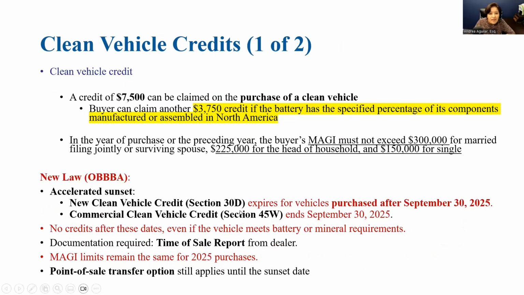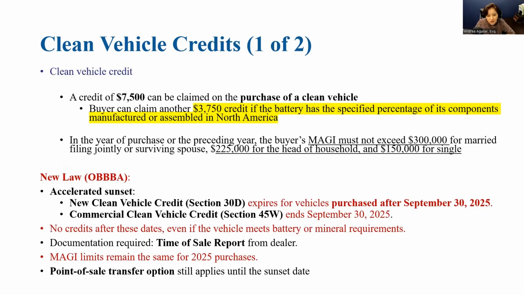Okay. Next, we have the clean vehicle credit. Here, with this credit, you were allowed to get a credit of $7,500 for the purchase of a clean vehicle. And if the buyer had to prove and show that the vehicle had a certain battery with a specified percentage of its components manufactured or assembled in the US, they could also claim an additional amount of $3,750.